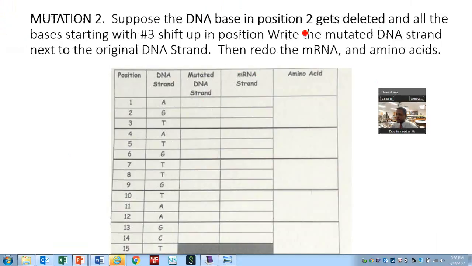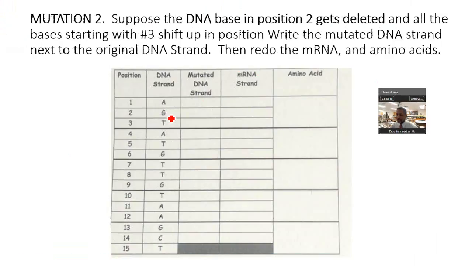So what are you doing here? Number 2 gets deleted. So that means the T is going to move up. Number 3 moves into position 2. Number 4 moves into position 3.